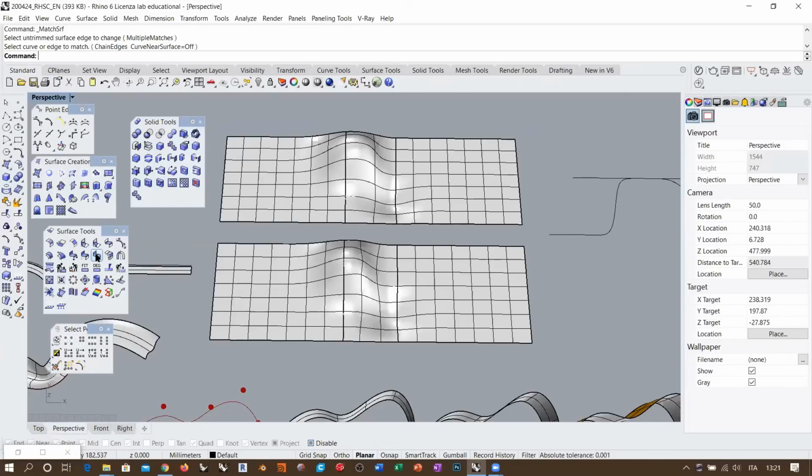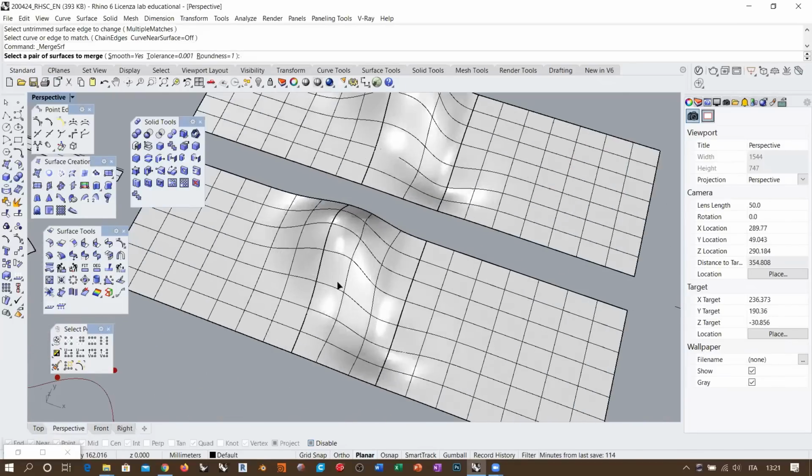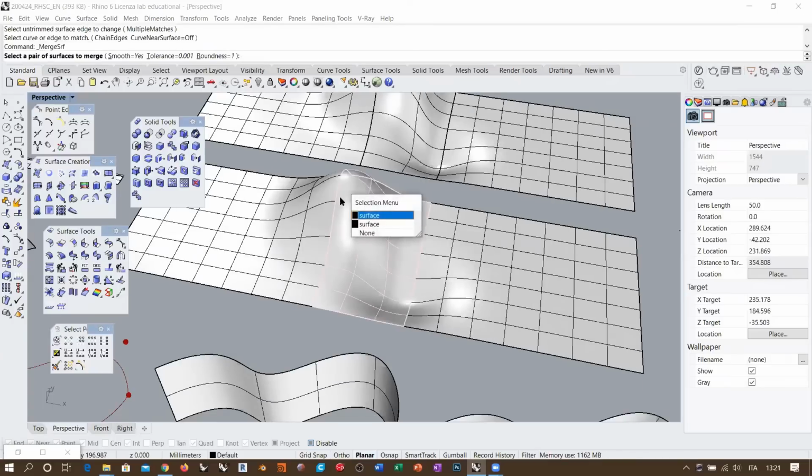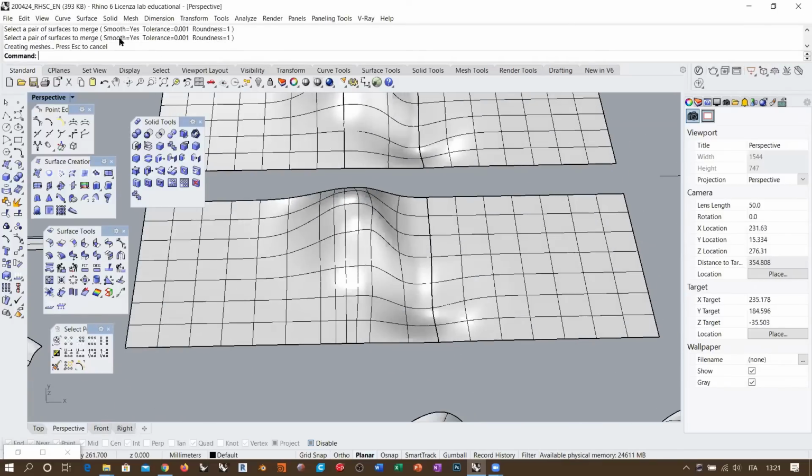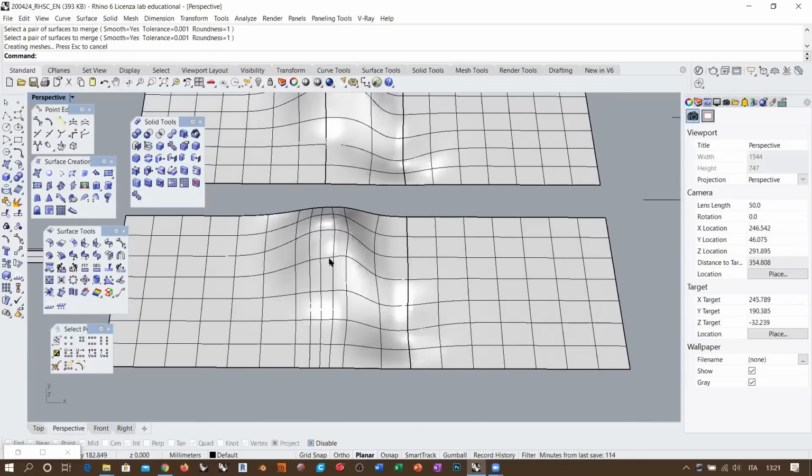Now, yes, you can do this, but also consider that if you merge this with this, you are taking into account, for example, smooth yes, tolerance 0.001. You are not taking into account the initial topology. So you can always merge things, but you need to adjust the topology previous to this operation.